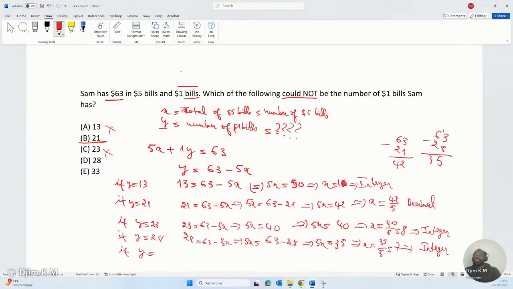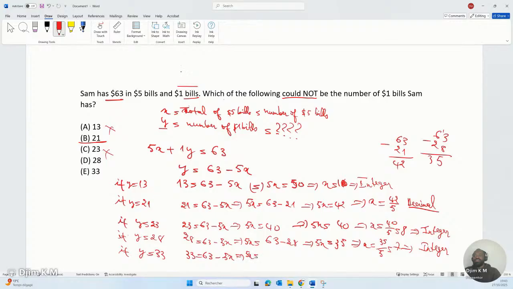Since it's an integer, and the question says which of the following could not be, this could be the number of $1 bills. It could be, so it's a possibility. But if it is a decimal number, you can't have it. Like if we say 33, it will be 33 equals 63 minus 5x here.